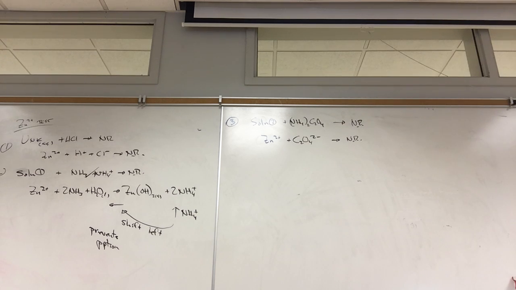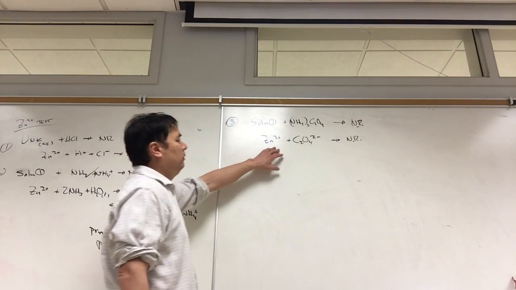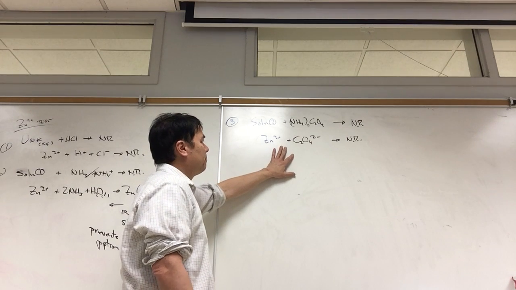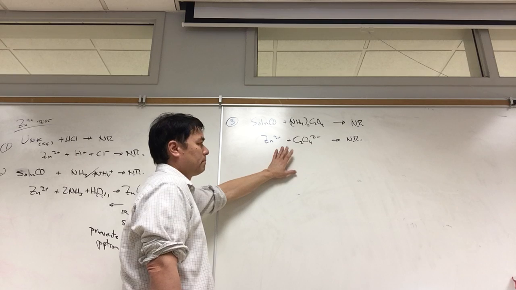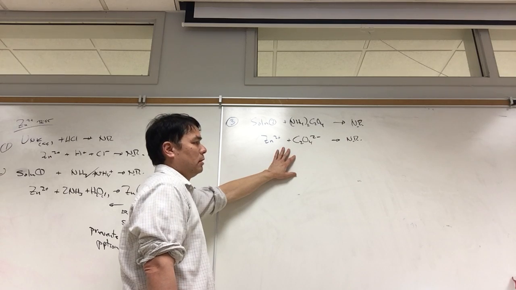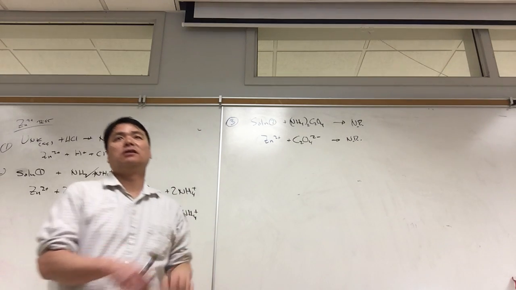Should I bring up HSAB, hard, soft, acid, base? LCAO, linear combination of atomic orbitals, MO, molecular orbital. Well, in this case, it's likely because of the lattice energy, right?